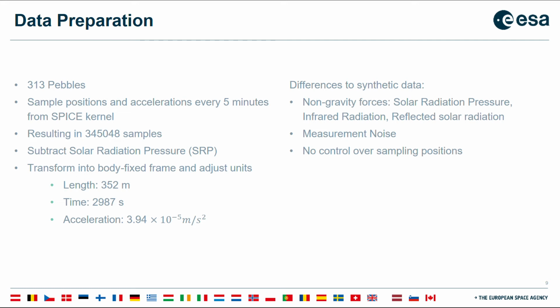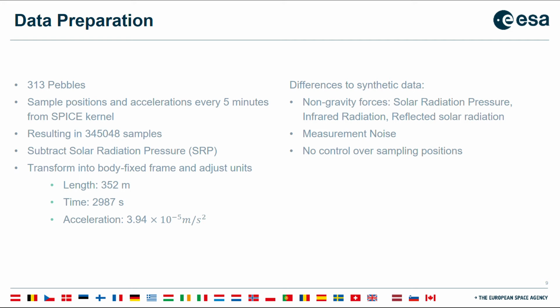Now, the differences to synthetic data are, of course, several non-gravity forces. So we mentioned solar radiation pressure. But there's also infrared radiation from Bennu, or there's reflected solar radiation from Bennu, or other maybe tidal forces, which we don't model in detail because we want to see what can be done with a relatively simple machine learning model.